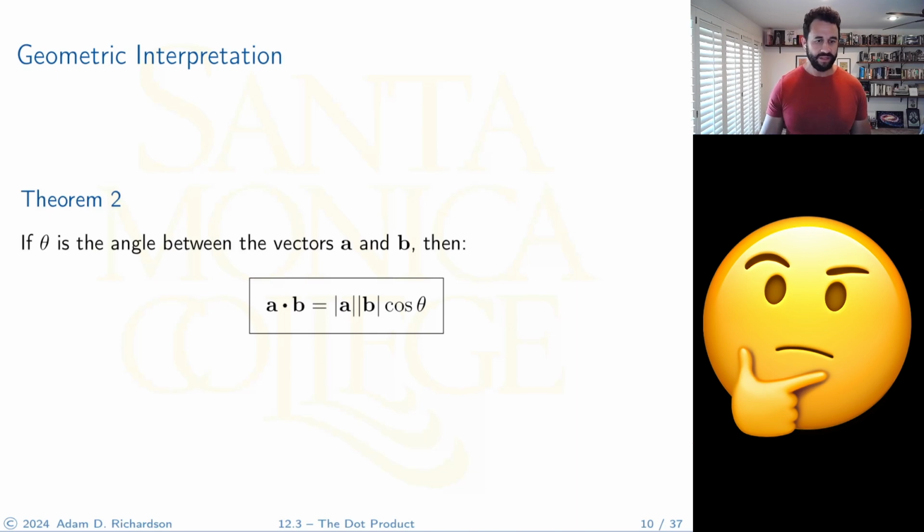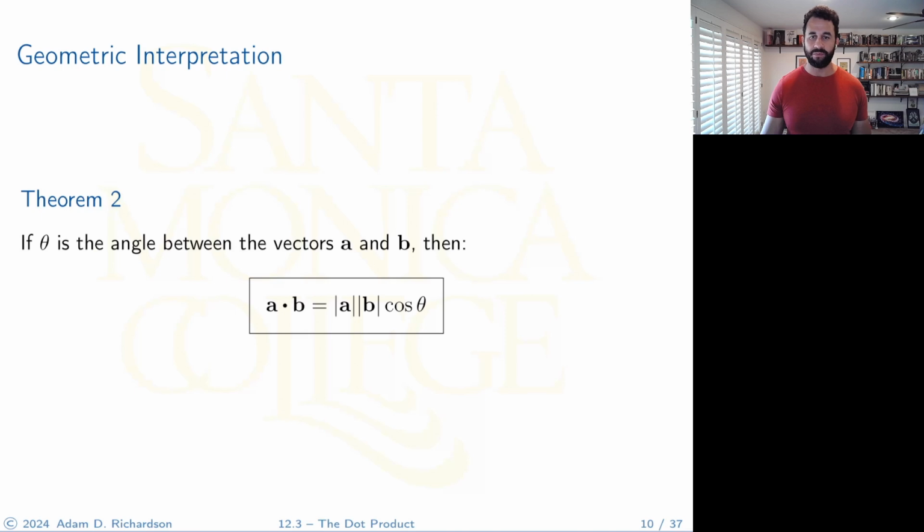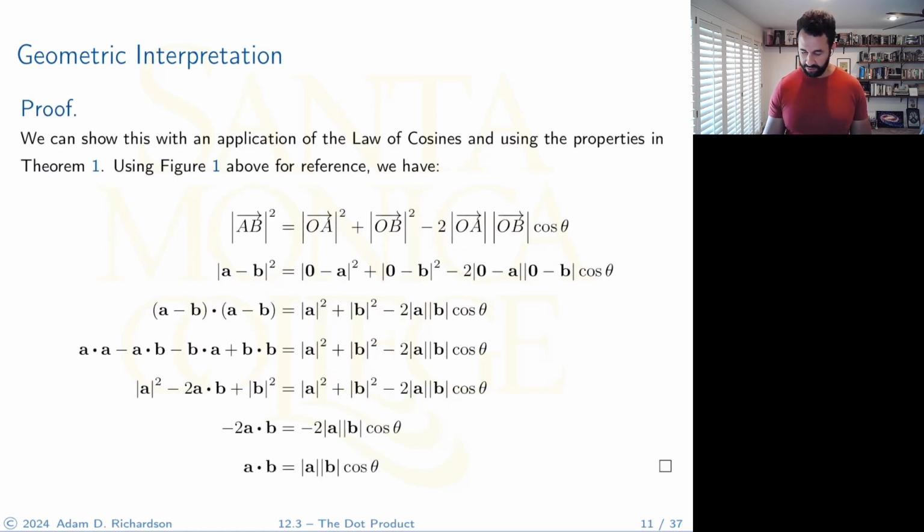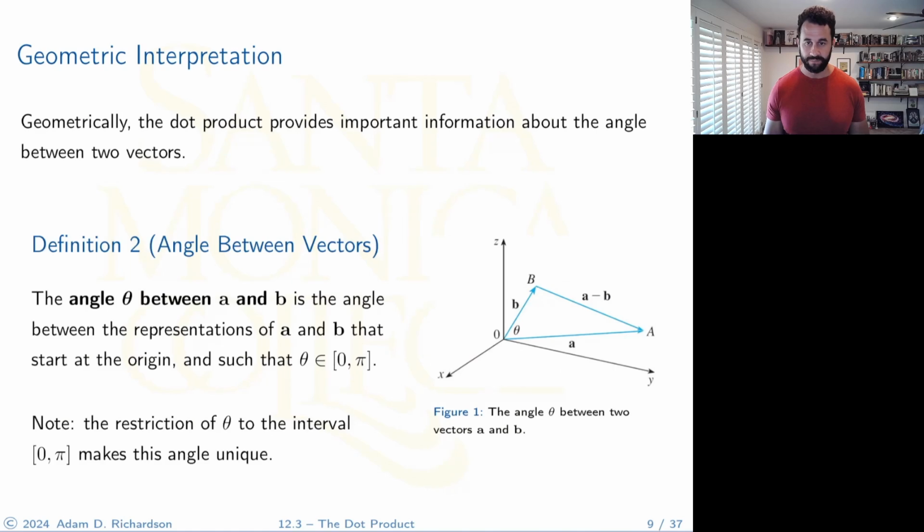All right, this one definitely needs a proof, and the proof is actually not so bad. We just use the law of cosines and then some of those properties of the dot product that we just talked about. So if we use the figure from before, let me show you the figure one more time. This figure right here. If we look at this vector B, this vector A, and this angle between them, that's what we're talking about here.